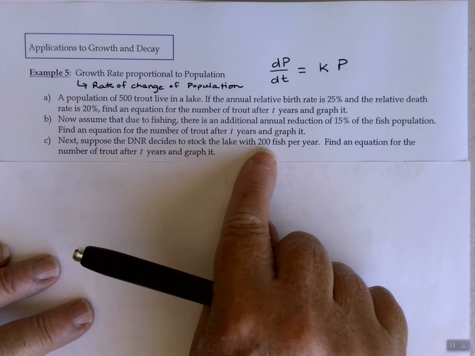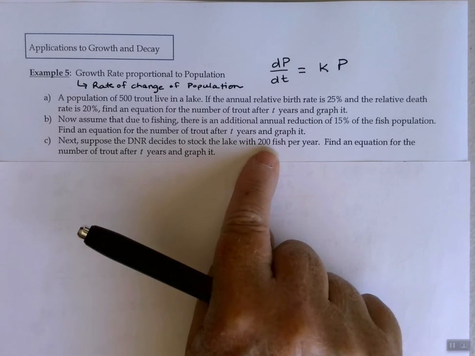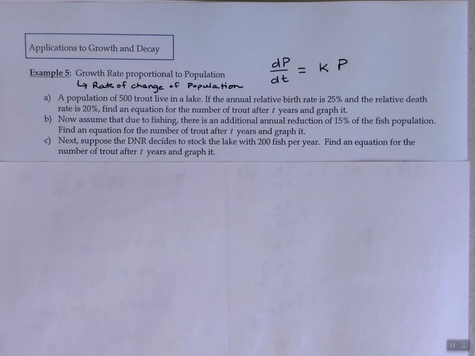Notice this 200 fish has nothing to do with the current population. It's always 200 fish per year, not a percentage of the current population like our other growth rates were. We'd like to again find an equation for the number of trout after T years and graph that.